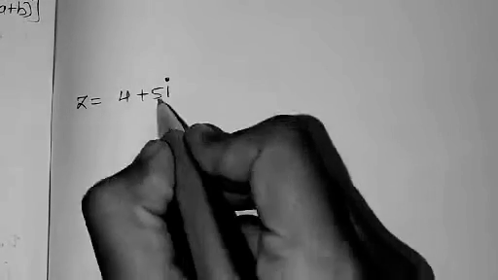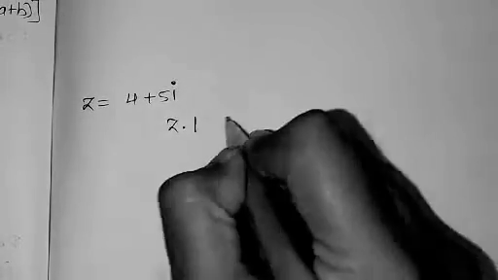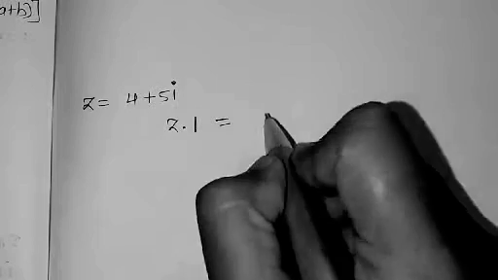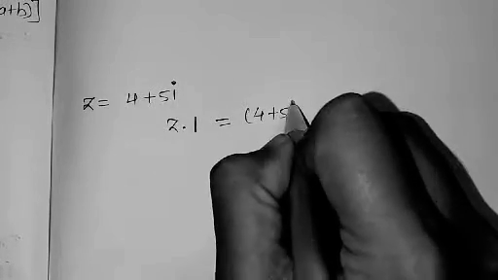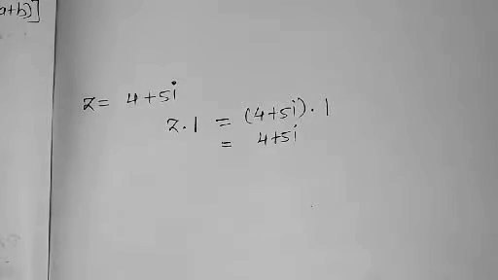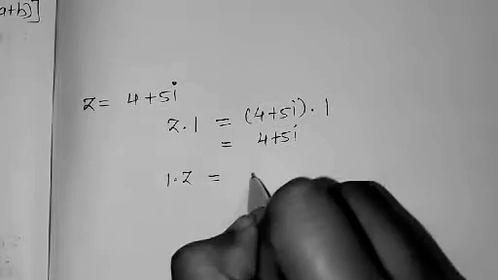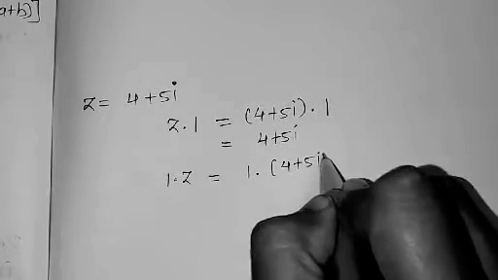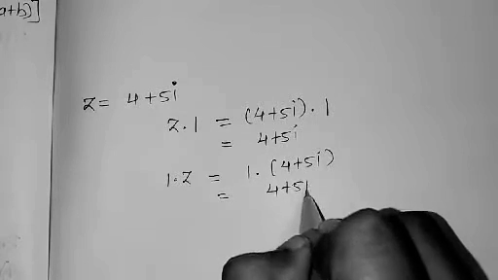Now we will prove one property, that is z dot 1 is equal to 1 dot z, which is nothing but z. So here consider the complex number z is equal to 4 plus 5i. We have the property z into 1, which is equal to (4 plus 5i) into 1, that will be equal to 4 plus 5i, and 1 into z, that is 1 into (4 plus 5i), is again 4 plus 5i.